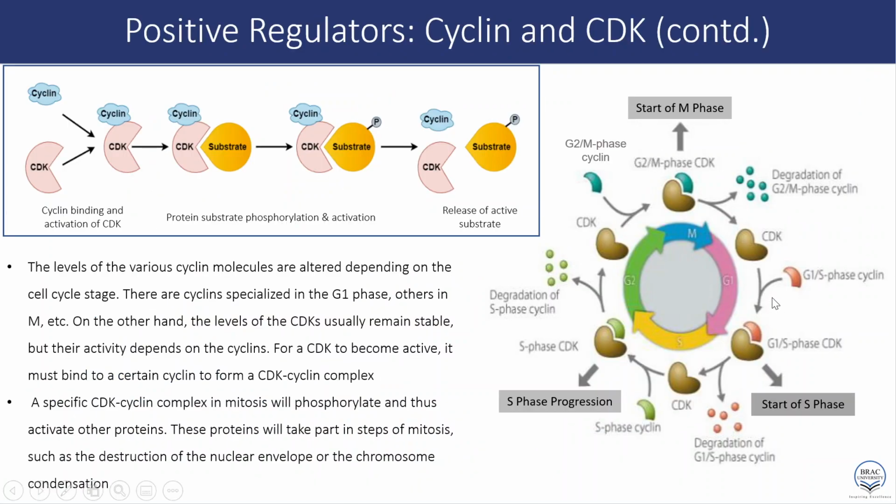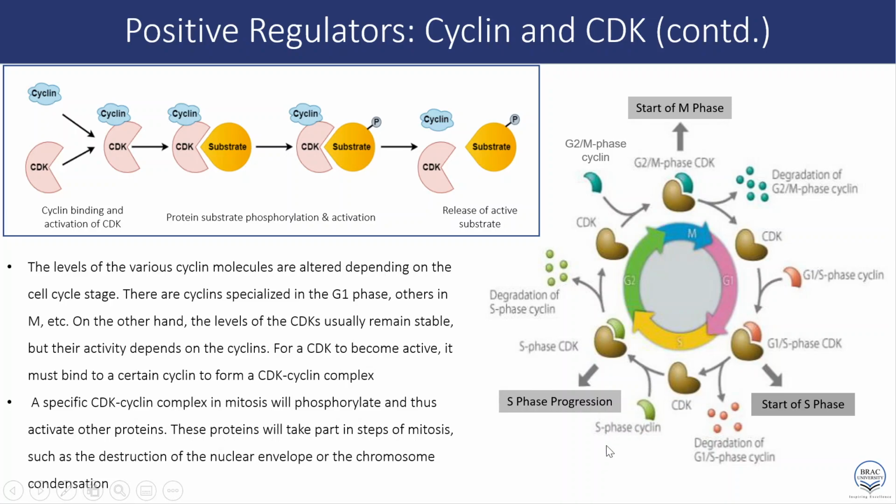In the G1 phase, when they're merged in a complex, they drive the cell to the next phase, which means when they're together, they drive the S phase. So S phase then starts. Then another specific cyclin comes, because the earlier cyclins degrade.